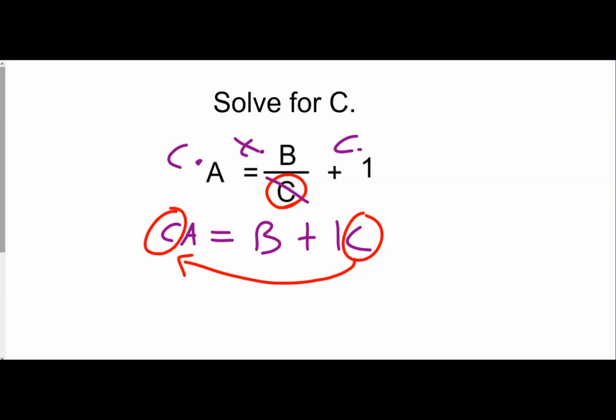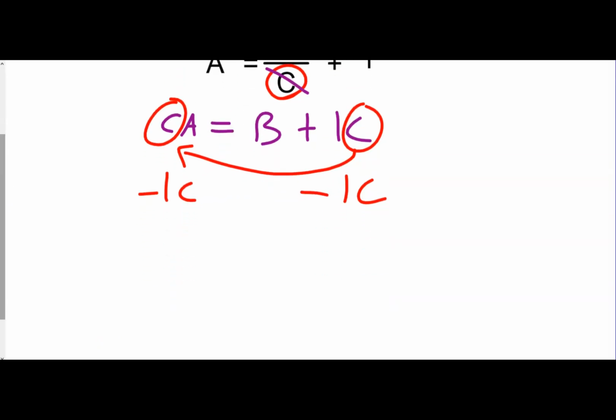So how do I move a plus 1C? Well, you just have to subtract it. Sorry, I wrote a plus. We're subtracting, silly me: minus 1C. Since I subtracted, if you look at these two guys over here, the CA and the minus 1C, you can't put those together.